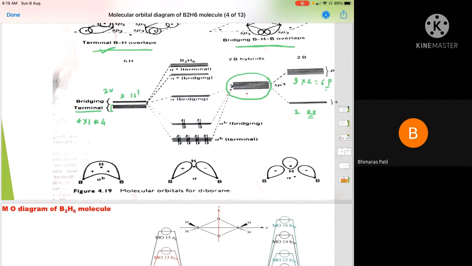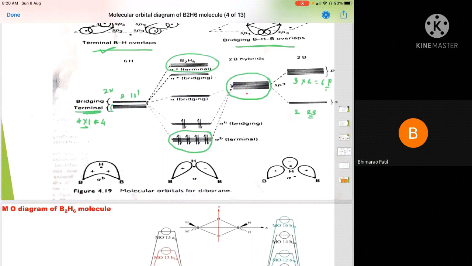Then out of those 8 sp3 hybrid orbitals of the boron, 4 sp3 hybrid orbitals are combined with the 4 1s atomic orbitals of the terminal hydrogen atoms to form 4 bonding molecular orbitals and 4 antibonding molecular orbitals.